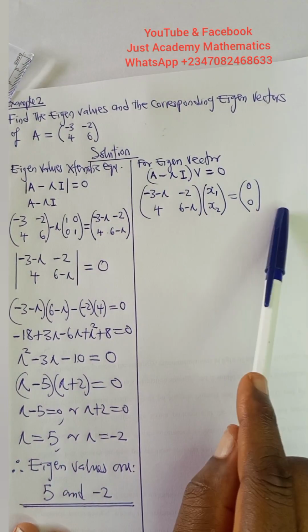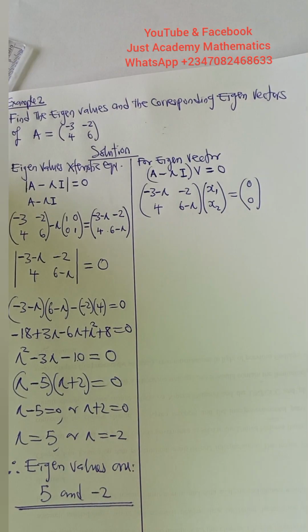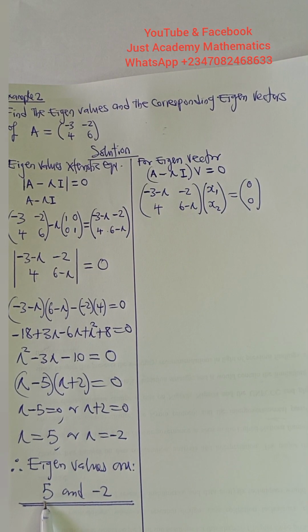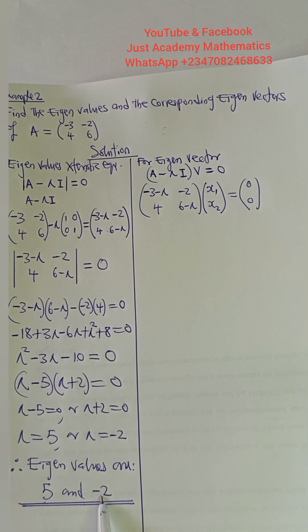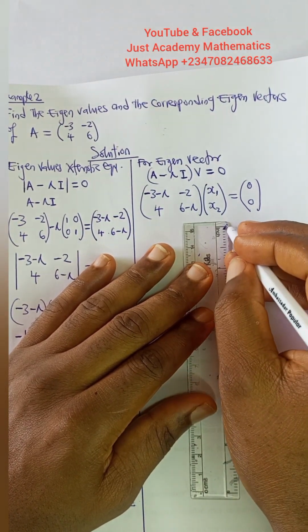This is what we are going to use now to find the vector for both. So we are going to find the vector for when the eigenvalue is 5. We'll find the corresponding vector for it. Then the corresponding vector for minus 2. So let's split this to enable us to do that.